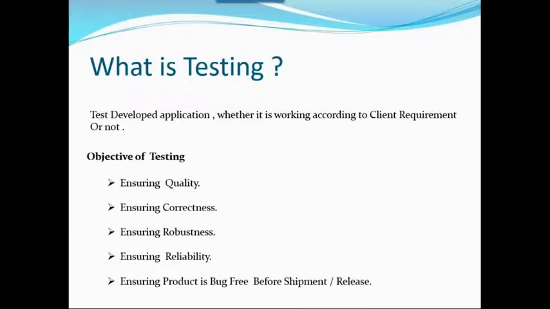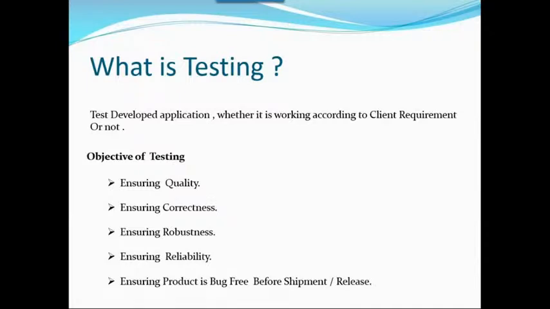So what are the objectives of testing? Ensuring the quality. For what reason are we doing the testing? Not finding the defects, but quality purpose. Quality is one of the most important, so that is the reason testing is required. Ensuring the correctness and robustness, and ensuring the reliability. Correctness means critical functionality also we need to check.